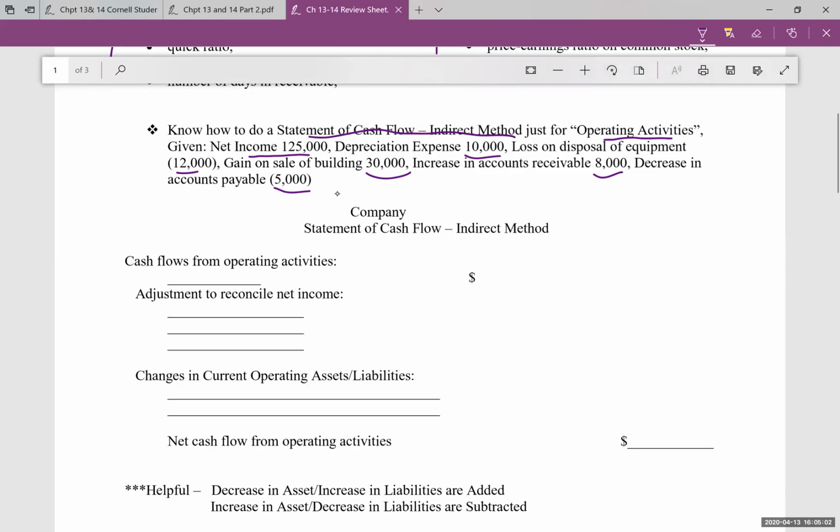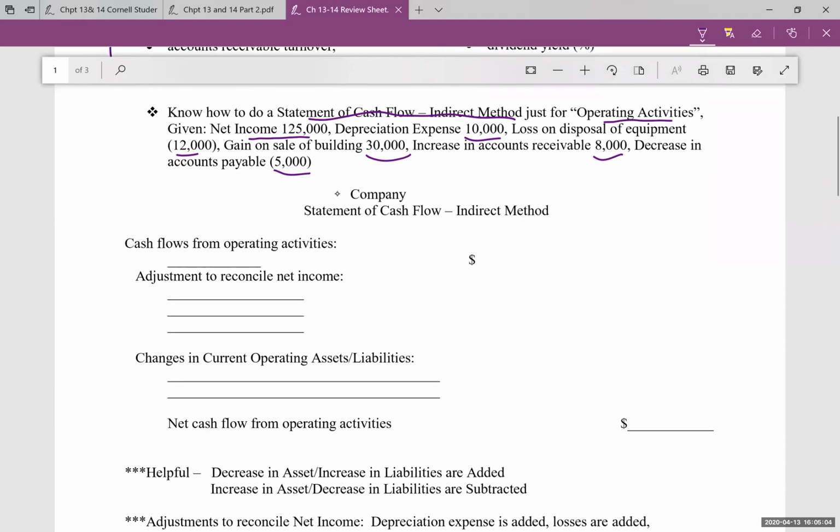So it'll look pretty similar to this, but cash flows from operating activities, remember this is the one where we start with net income. That number was given up above, and that was $125,000. The adjustment to reconcile, there are three things. We had depreciation, which is going to add $10,000.